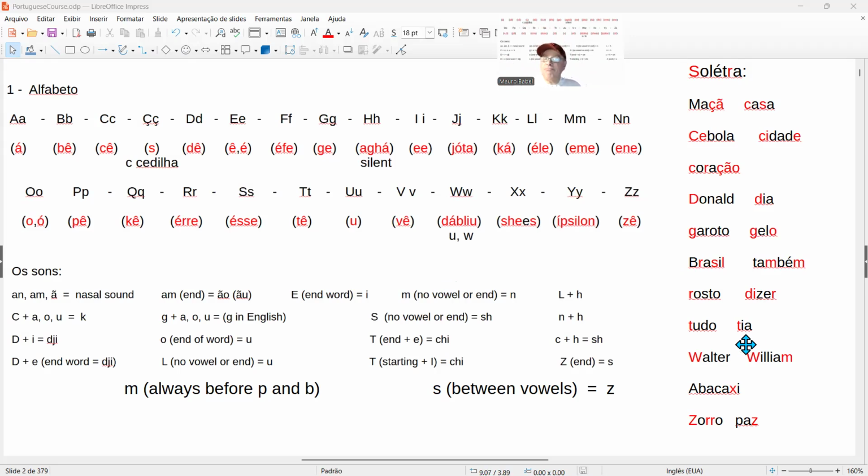T-I-A. Tia. In Rio, T can sound like chi, so you say chia. Tia in different parts of the country, chia in Rio. Let's repeat, chia.